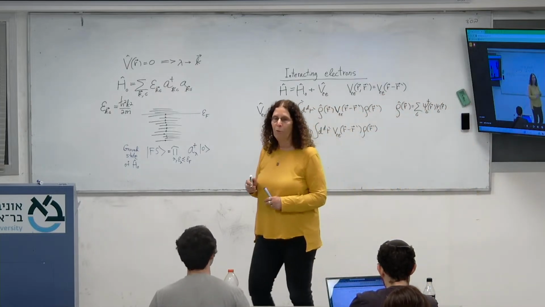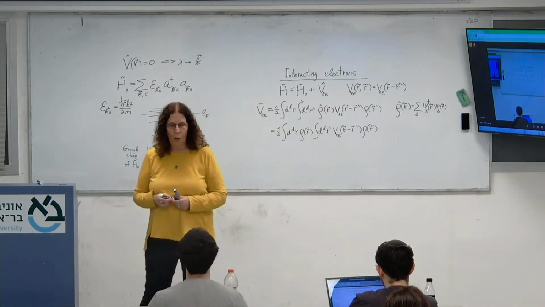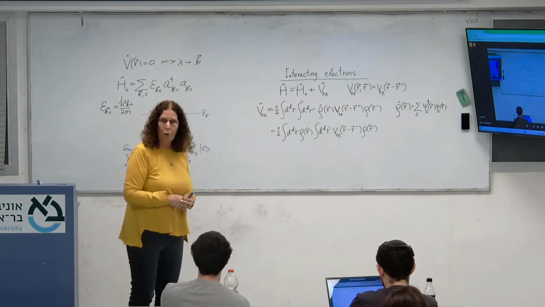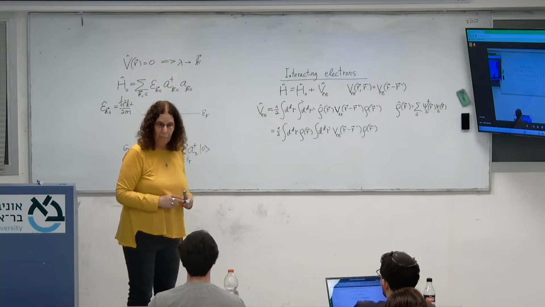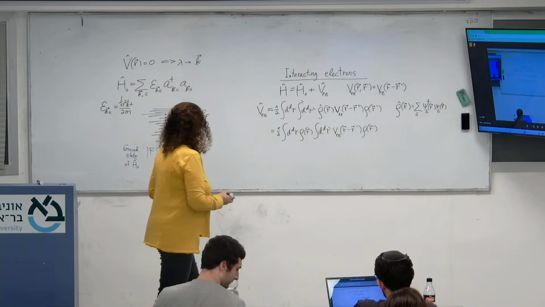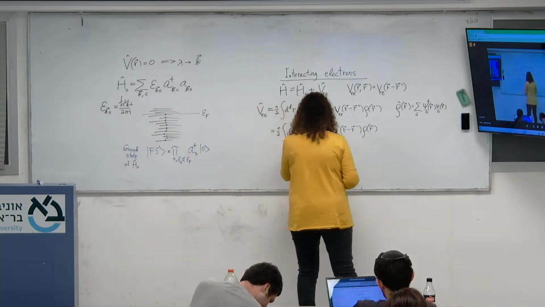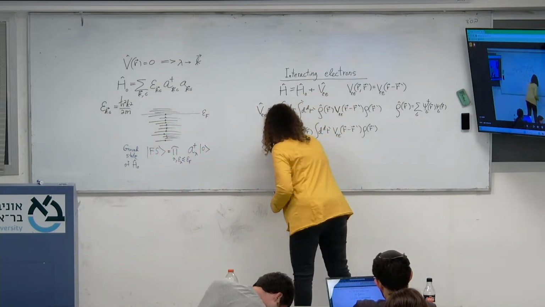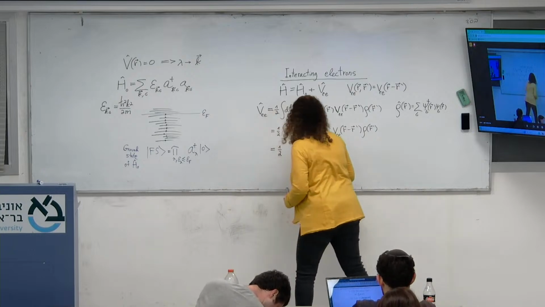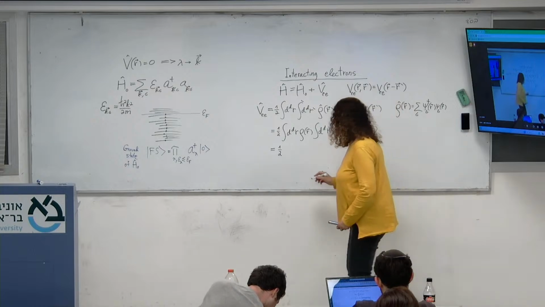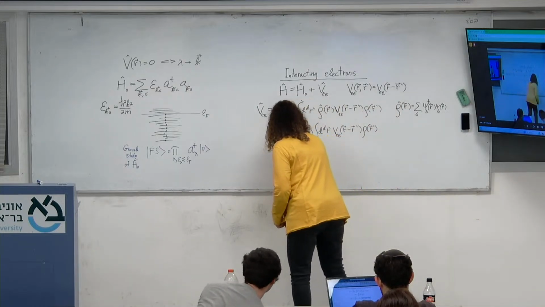Convolution. That's a convolution, exactly. And you know that the Fourier transform of a convolution is just a product, right? So, using this fact, you can easily convince yourself that I can rewrite the interaction in the following way.